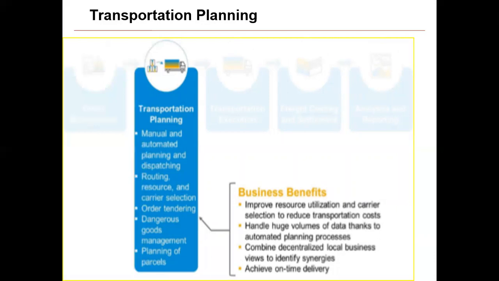Then order tendering. Most of the time we do not have our own fleet or transport, so it is required to do the tendering and create the freight forwarding orders. It is called order tendering, meaning outsourcing of your transportation, the physical movement of the goods from the delivering point to the receiving points by using means of transport, like trucks, rail cars, ships, or air flight.